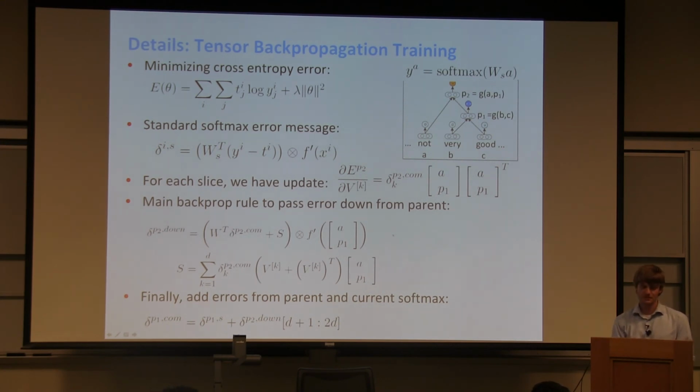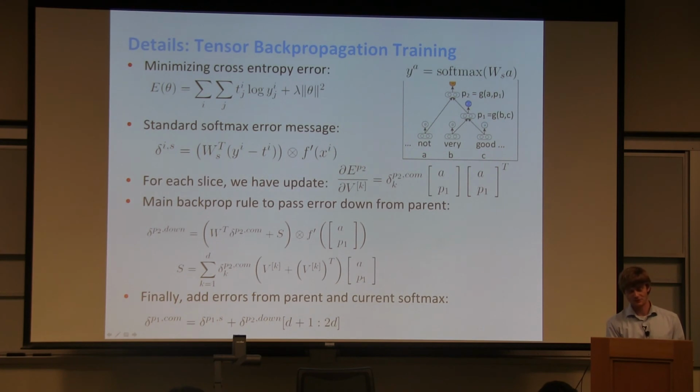And then the main backprop rule changes here in this way, where we have the standard W transpose times delta times Hadamard product of f prime of our lower layer, plus this S term. So the S term here is the main novelty from this model, and that comes out to be essentially this summation here of each slice plus its transpose times again the child vector.